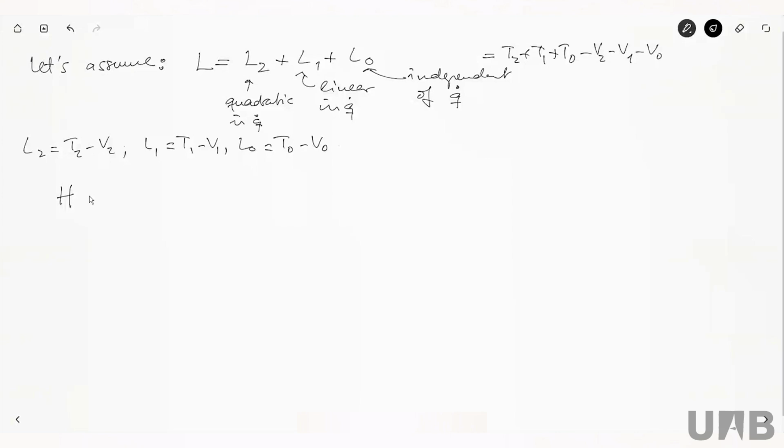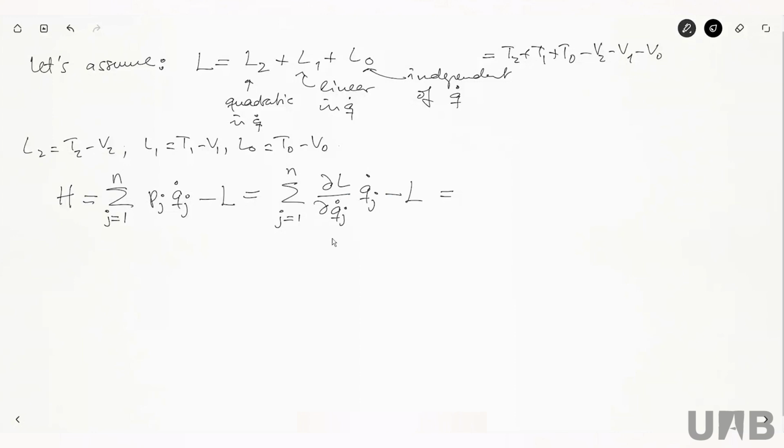The Hamiltonian, by definition, is the sum from j equals 1 up to n, summing over all generalized coordinates and conjugate momenta, of pj q dot j minus the Lagrangian. So this is the sum of the derivative of the Lagrangian with respect to q dot j times q dot j, minus the Lagrangian.